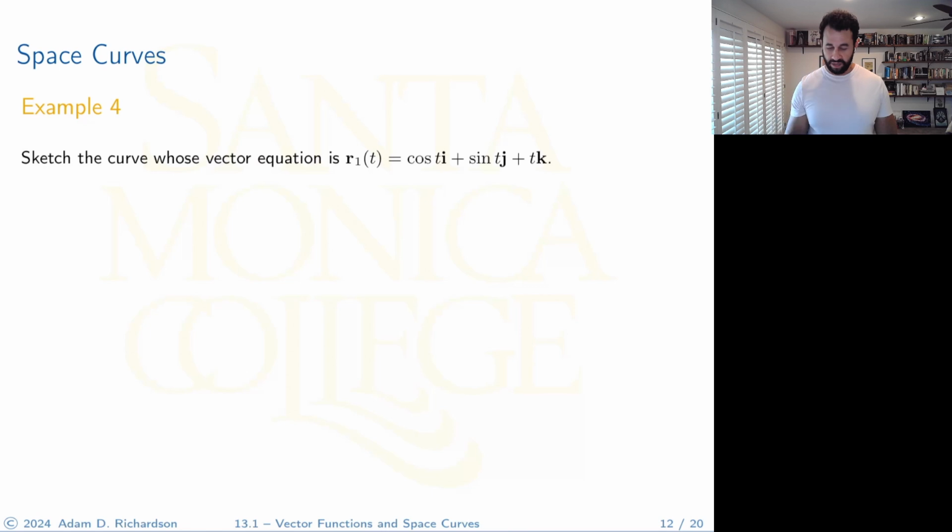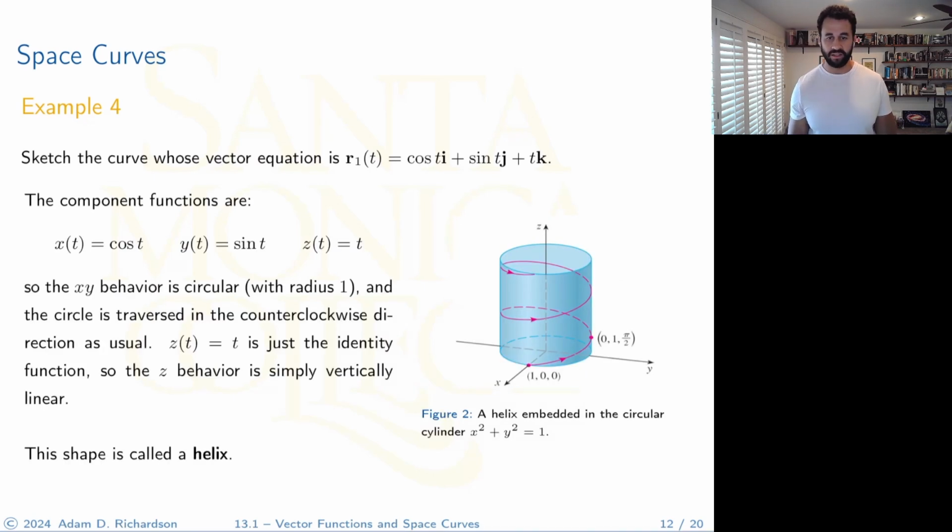So if you combine this behavior and this behavior, what do you get? Well, you get this circular rotation in terms of x's and y's, and then you get this vertical motion up or down in the z direction, so it's going to do this, right? And that's what we call a helix, a circular helix. And here's a nice little figure for it from the book.